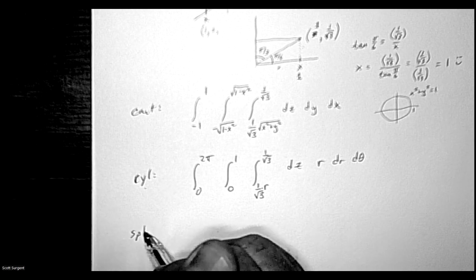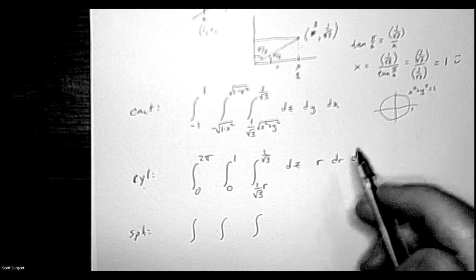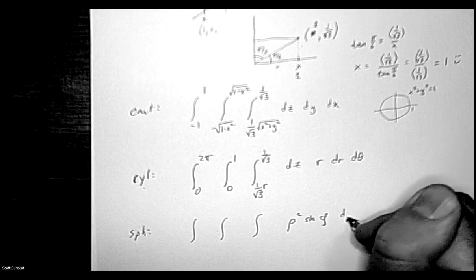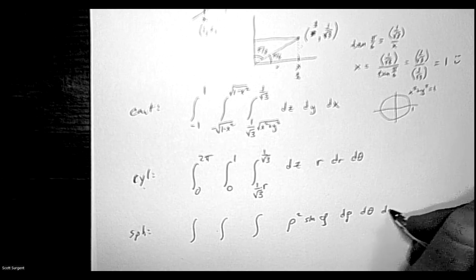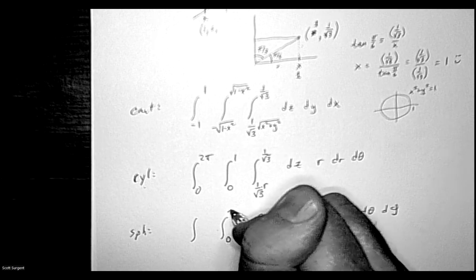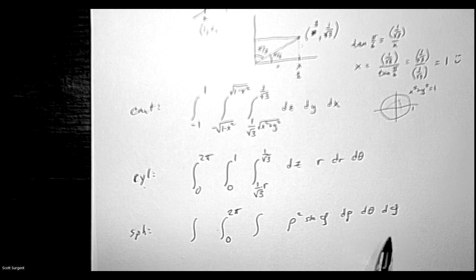Now let's do spherical. Spherical is going to be a little weird because it's going to be rho squared sine phi, d rho, d theta, d phi. We got a little problem with rho. Theta and phi aren't going to be a problem. Theta is just 0 to 2 pi because that's the same theta as here.